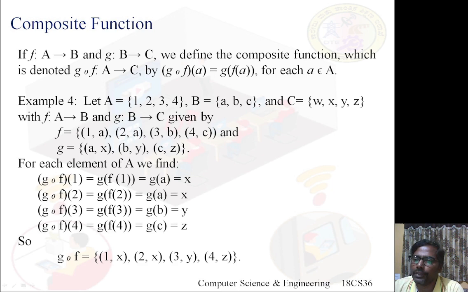So now we can form the composite function from A to C, and that is denoted as g dot f.